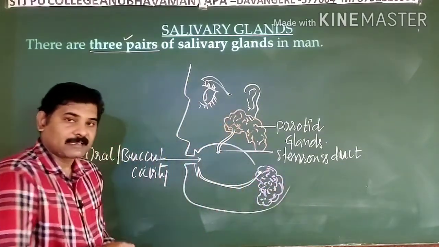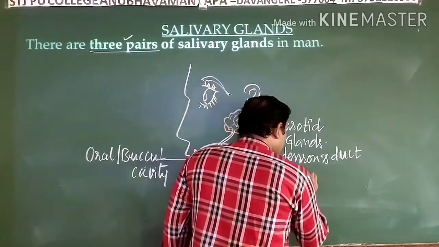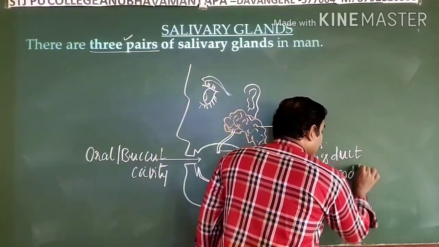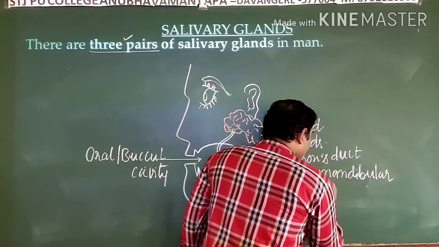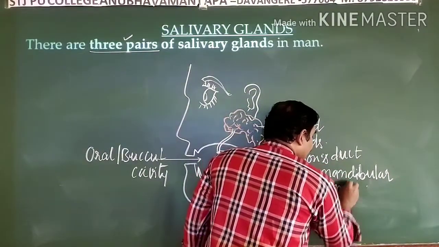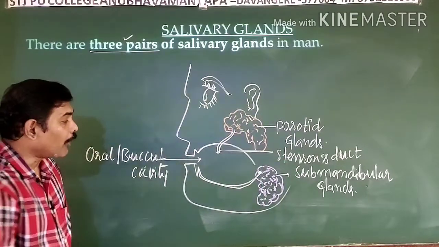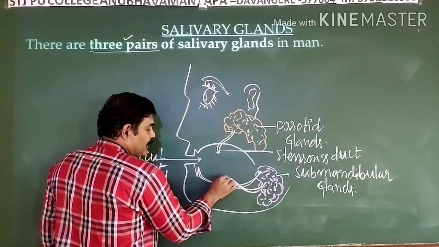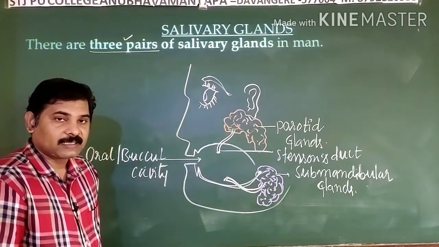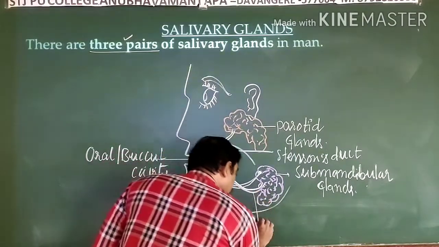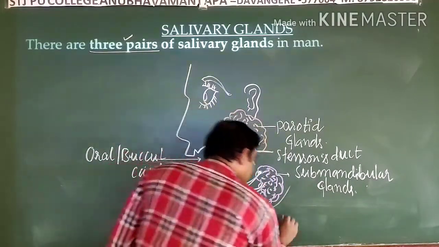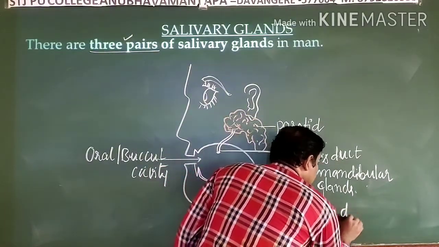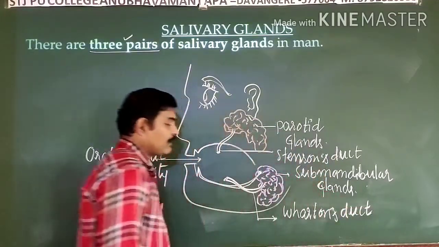These are known as submandibular salivary glands. Even these glands open into the oral or buccal cavity with the help of a duct. Clear? And this duct is known as Wharton's duct. Wharton's duct it is. Clear?